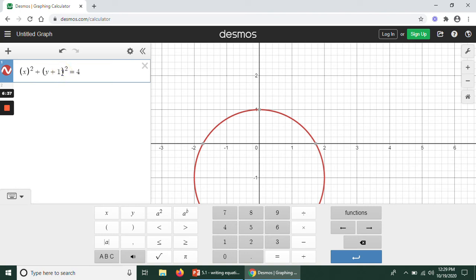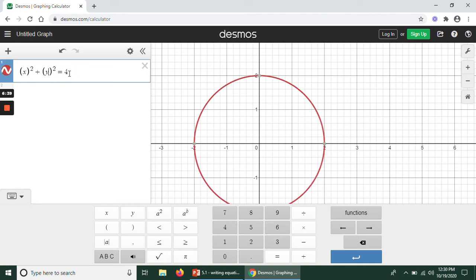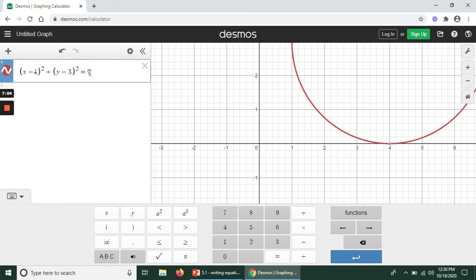So I'm going to create another equation of a circle. I'm going to make this negative 4 and negative 3 and 9.